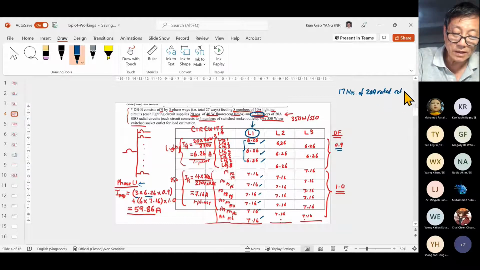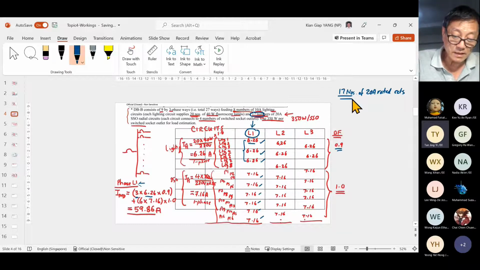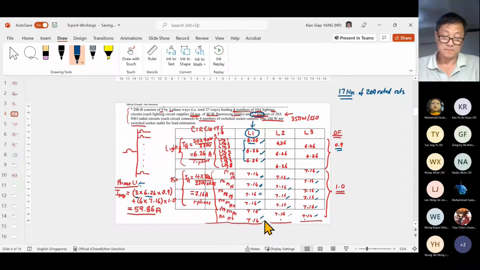So actually the total is 17 circuits, and how to distribute? This is how I distribute it: 1, 2, 3, 4, 5, 6, 7, 8, 9, 10, 11, 12, 13, 14, 15, 16, 17. Oh, so I'm doing a load balancing throughout the 3 phases. Okay.